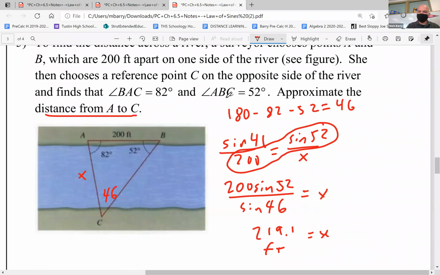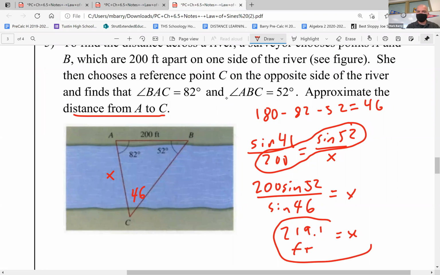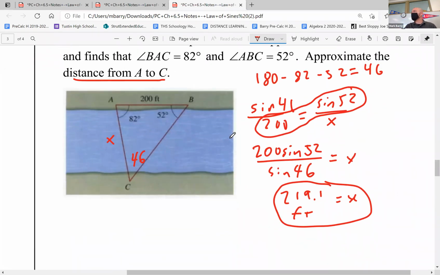So I get in my calculator 219.1 feet. Is that answer logical? I would argue yes, because 46 is a little bit smaller than 52, and so 200 is a little bit smaller than 219. Awesome.